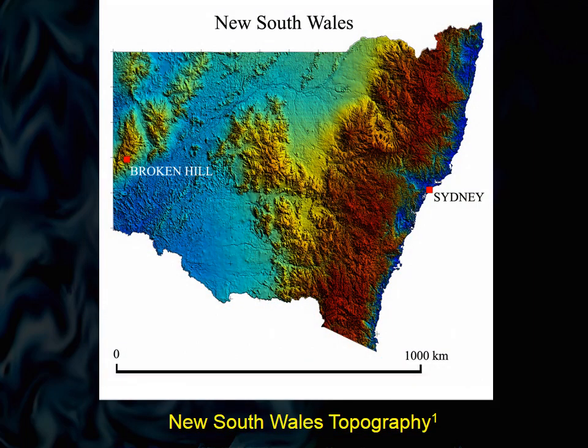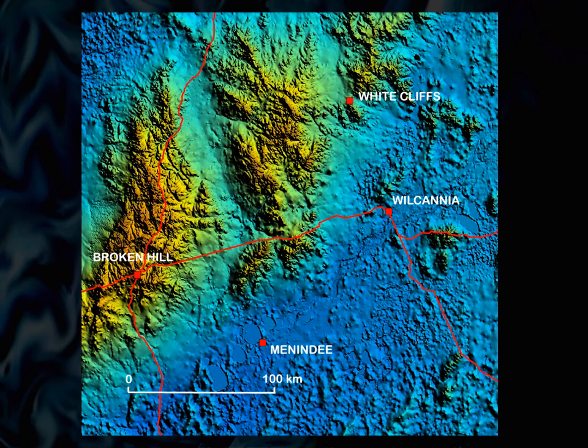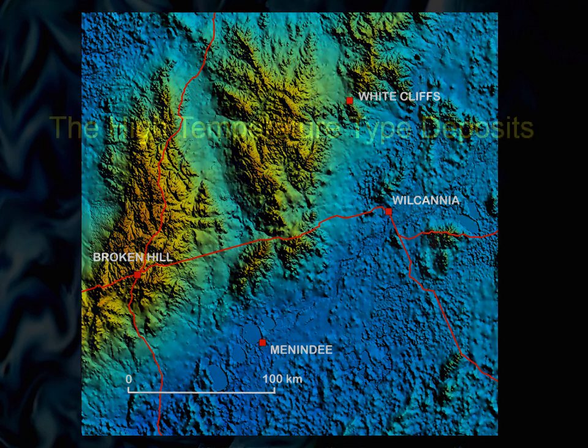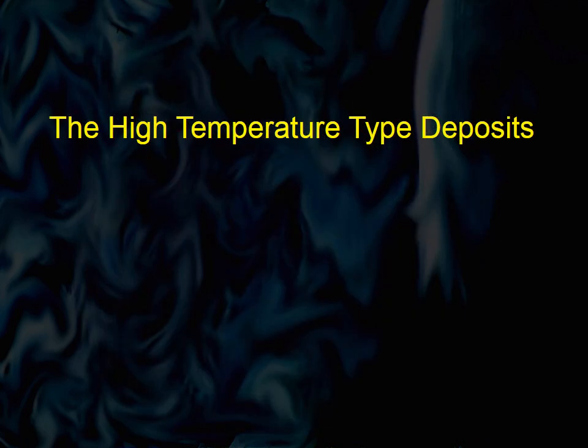The Broken Hill deposit is located in the far western part of New South Wales. First, let's look at the high temperature type deposits.